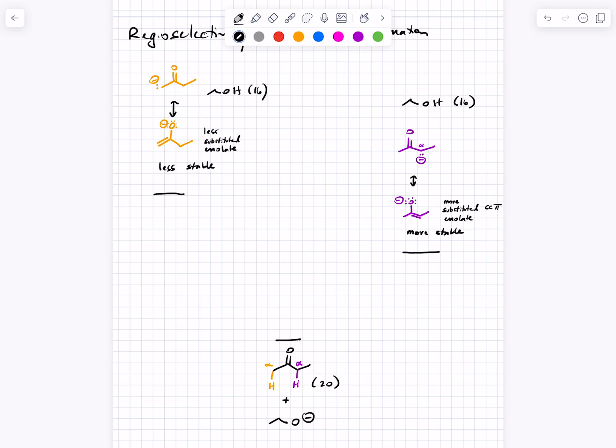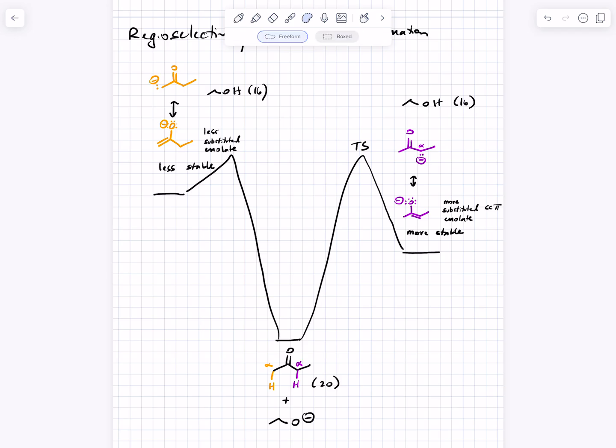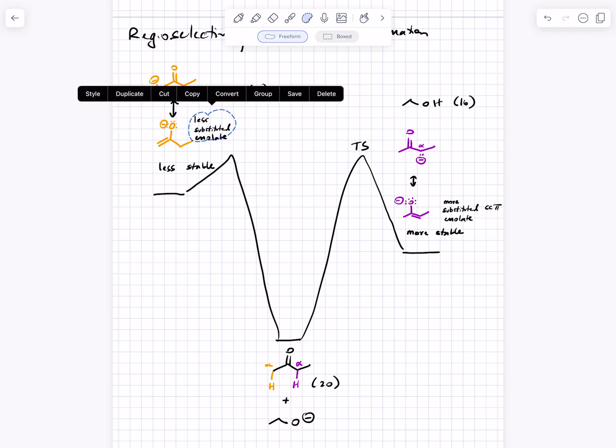So let's say this is the energy level of our starting material. And of course, forming the more stable enolate, we would go uphill, pass through a high energy intermediate, your transition state, and then go to the enolate, whereas here we'd go uphill and then pass through a transition state to get to the less substituted enolate.